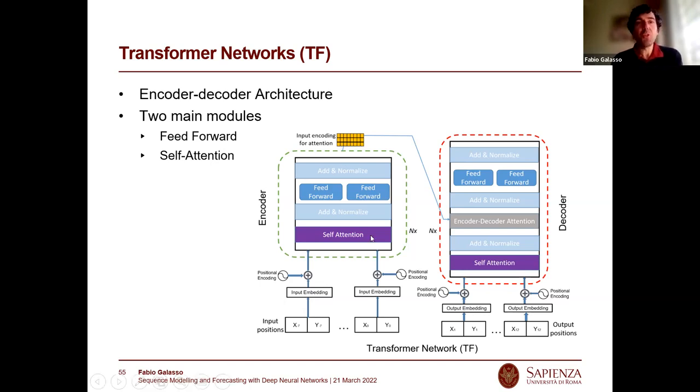So encoder-decoder means I've got my input here. What I see is I've got x minus 7 up until x0. So I've got 8 observations here. And this is what I've really observed. Based on this, I encode a memory of anything that I've seen so far. And the ones I see on the right are effectively my predictions.